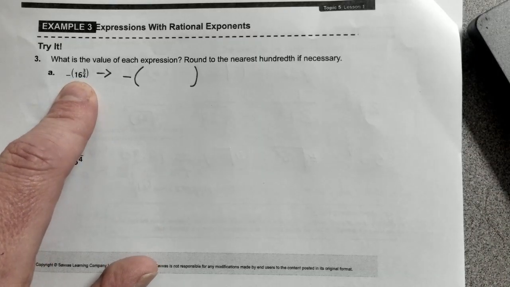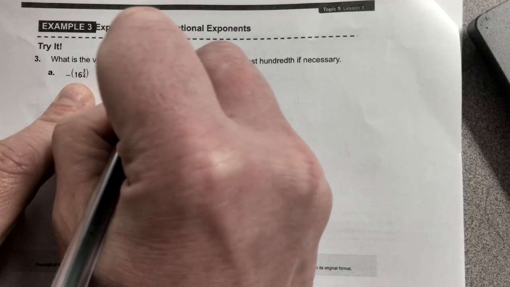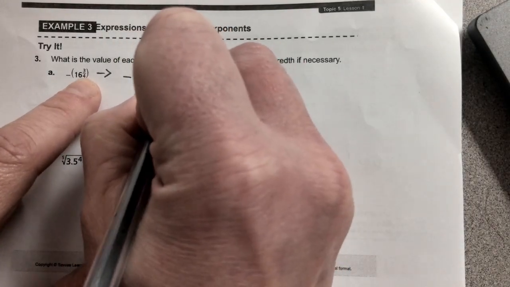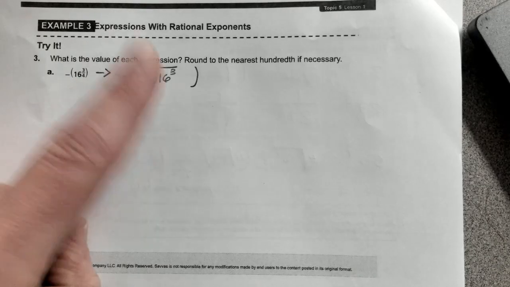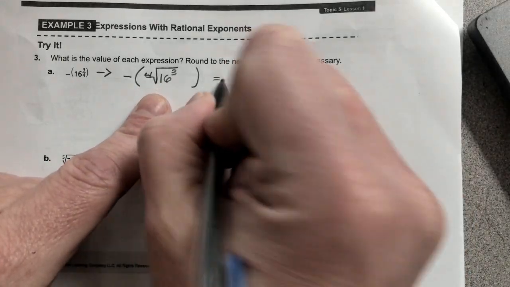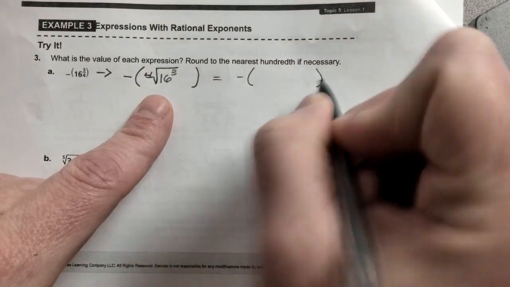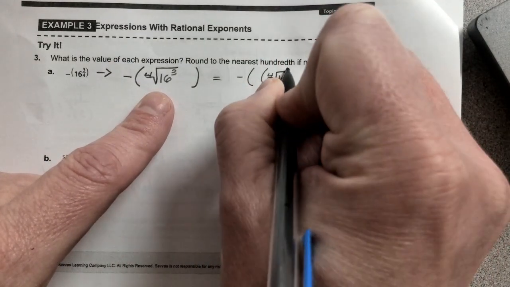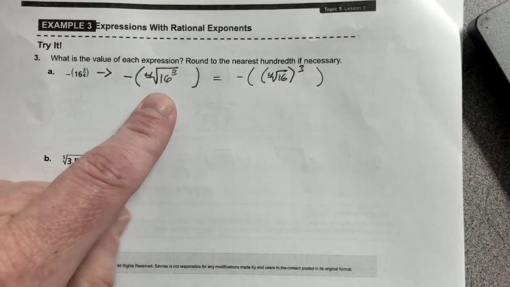So what is our index? 4, good. We were looking at the 4th root of the base 16, which is cubed. Now, I don't want to go 16 cubed, so I'm going to rewrite that, negative parentheses, as the 4th root of 16, and that is being cubed here.